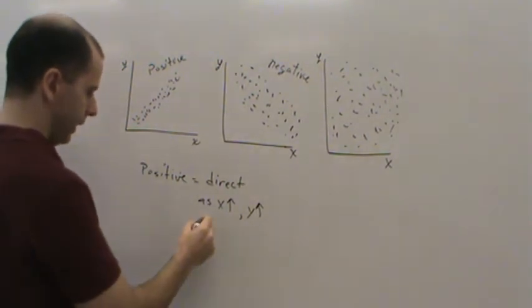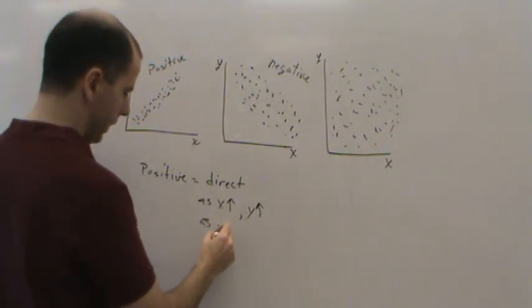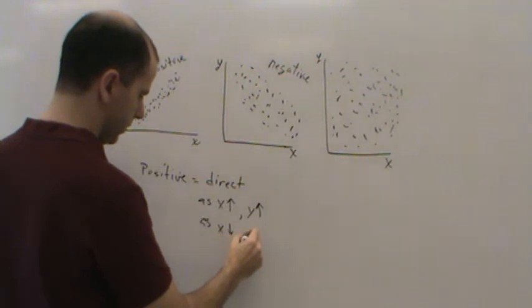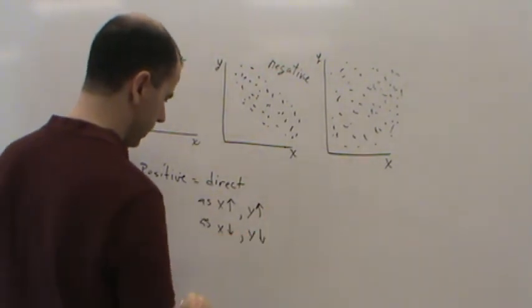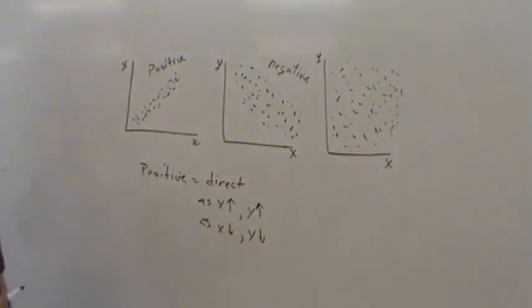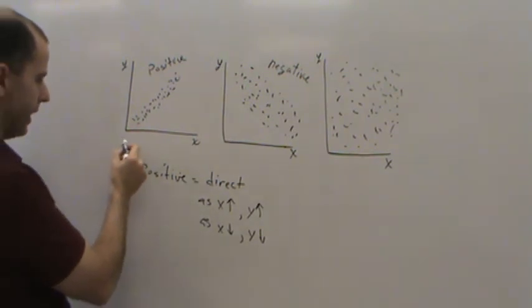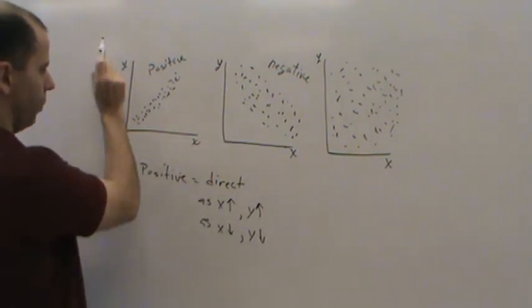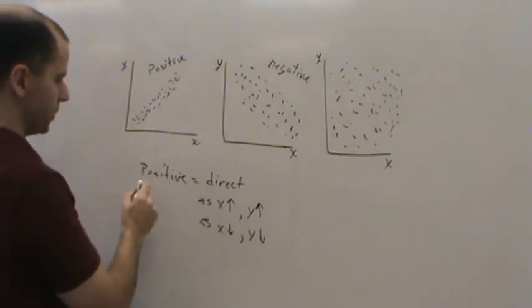And as X decreases, Y also decreases. So that's what we call positive correlation. As X increases, Y is also increasing. So the slope is positive.